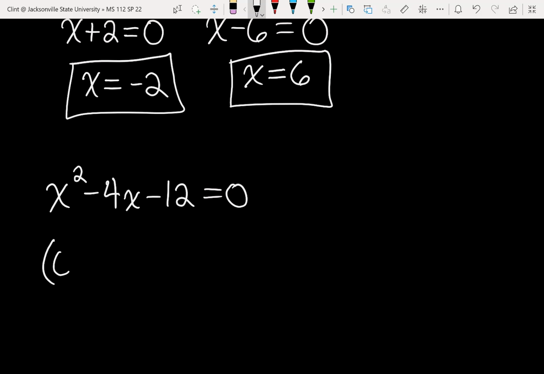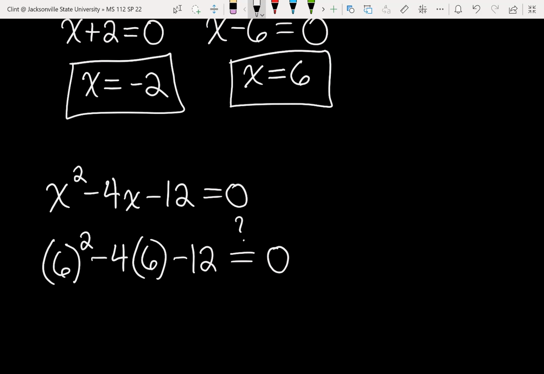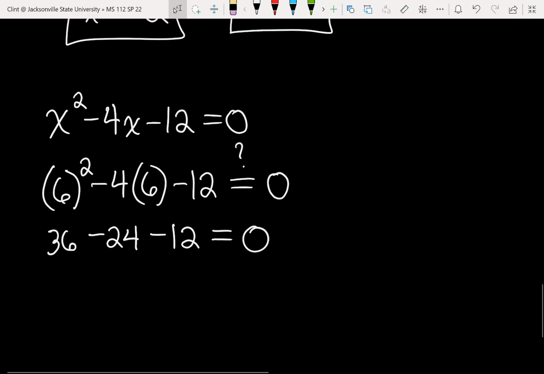So that would be 6 squared minus 4 times 6 minus 12. That should equal 0, does it? 36 minus 24 minus 12. If you check that, yeah, 36 minus 36, that is 0. So that works.